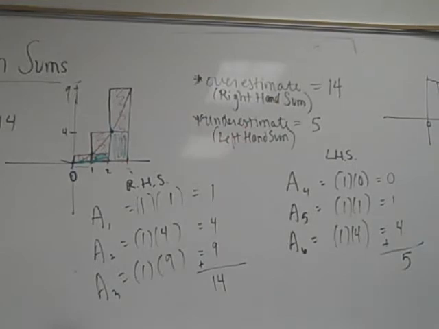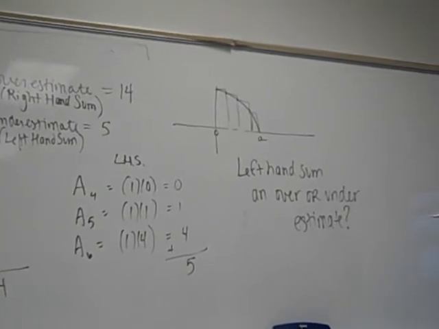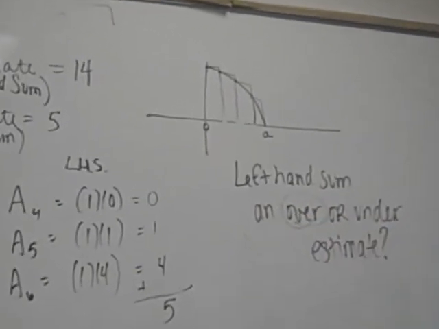A left-hand sum means that for each rectangle I'm taking the leftmost endpoint and making a rectangle out of it. Leftmost is the height, leftmost is the height, leftmost is the height. So it's an overestimate. So in this case, a left-hand sum is an overestimate.